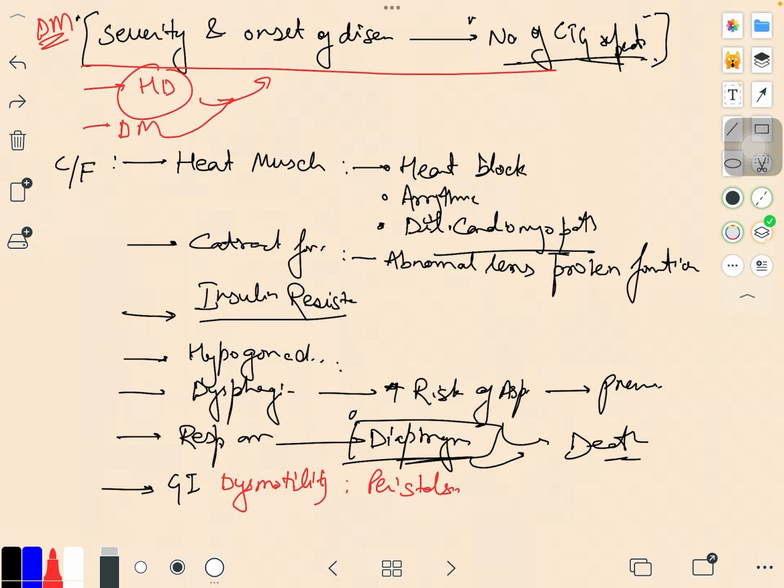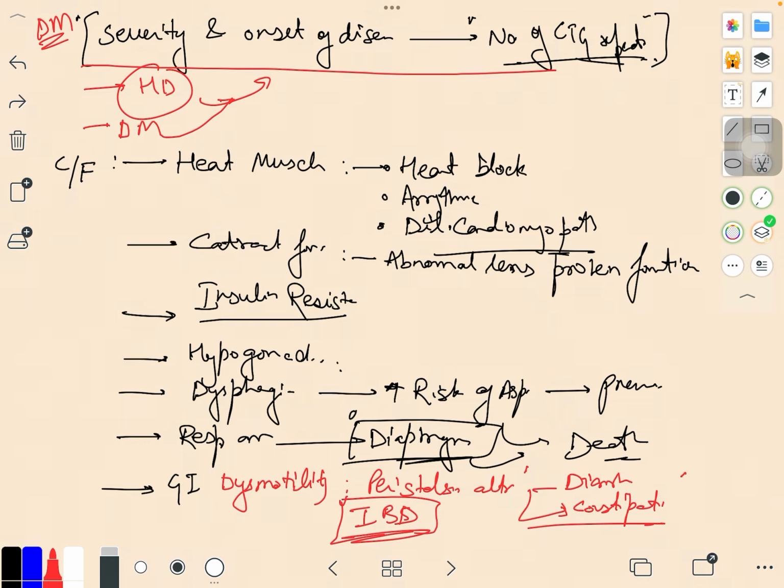Patient can present with both diarrhea or constipation. Because of this, patient can have IBS or IBD. Okay, we are done with this one.